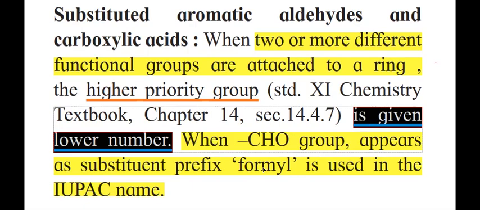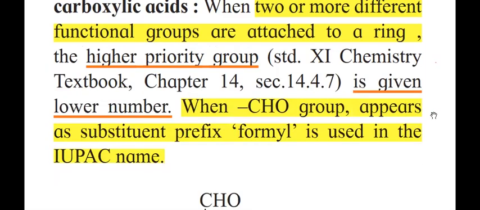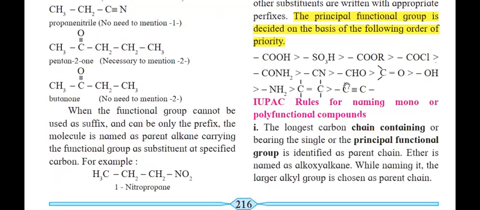When the CHO group appears as a substituent prefix, it is used in the IUPAC name. First of all we will see the priority groups.